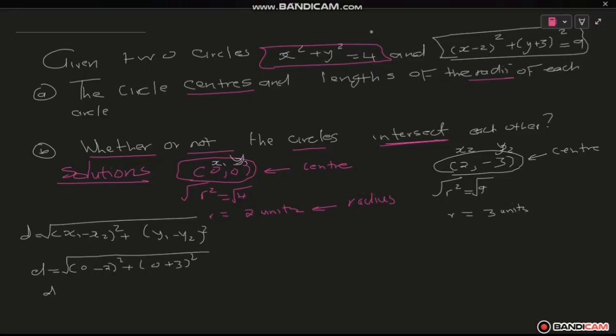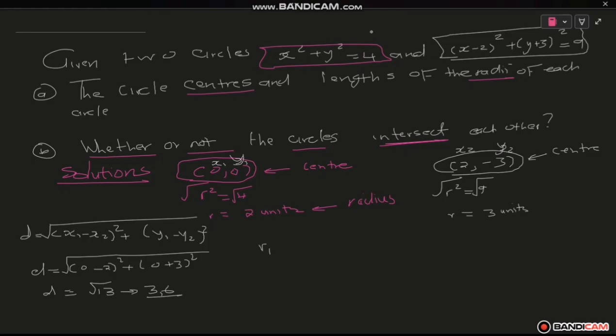So you must show the substitution. When you punch this in your calculator, we're going to have the square root of 13. Then when we write it in decimal form, we know that this is 3.6 units.